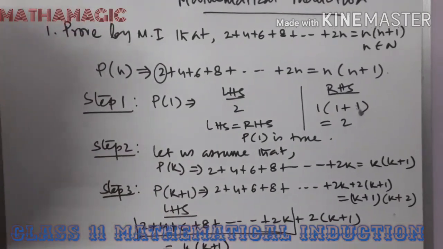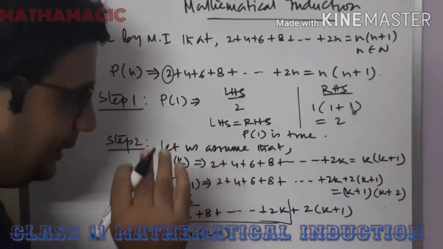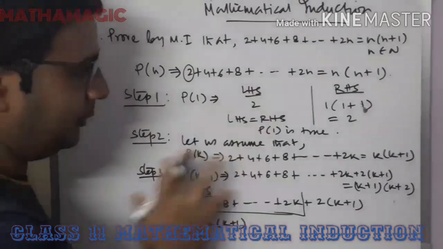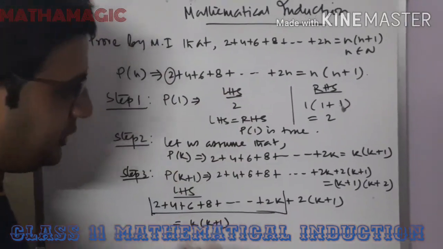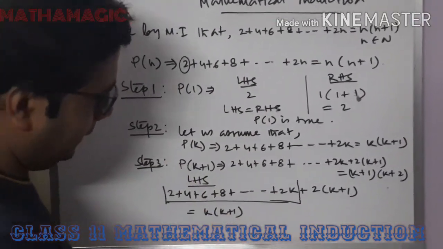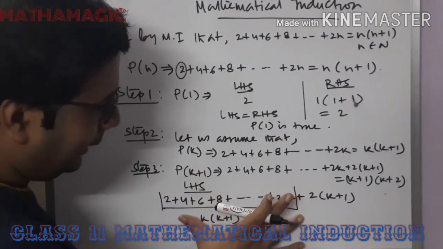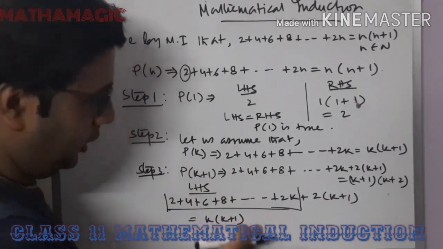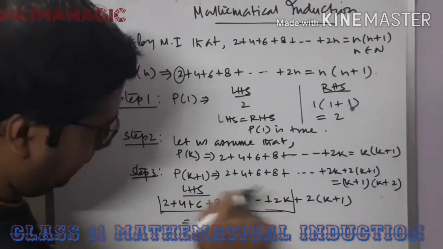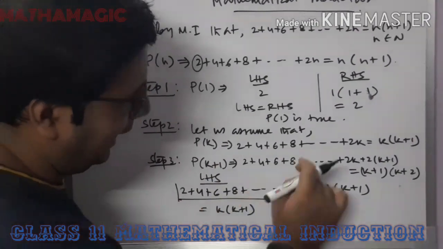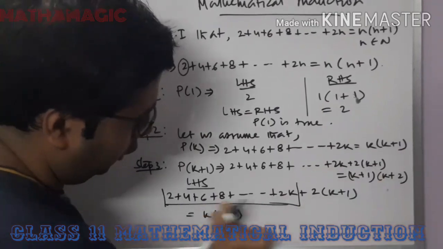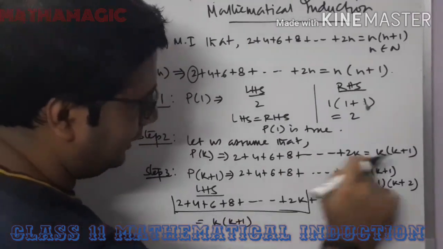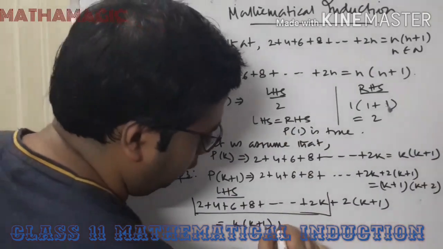Need to understand this very carefully, because in every problem like this, we are going to follow the same steps, nothing else. So we have to find the P of k part in every P of k plus 1. In this P of k plus 1, we have P of k as this up to 2k. So up to 2k we have taken, and we are just writing the value whatever is given for P of k. Now what is left out?